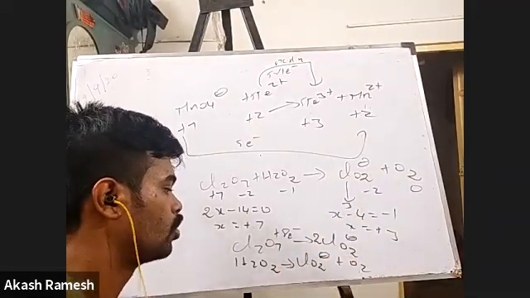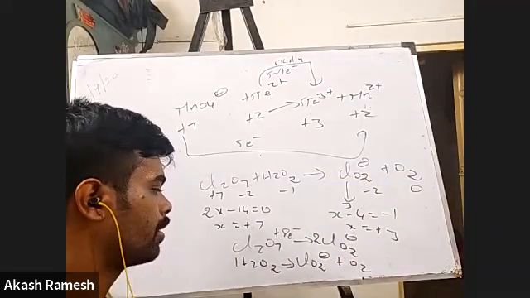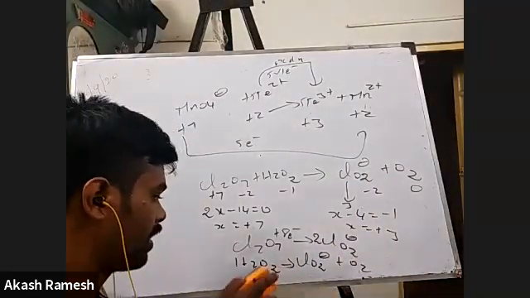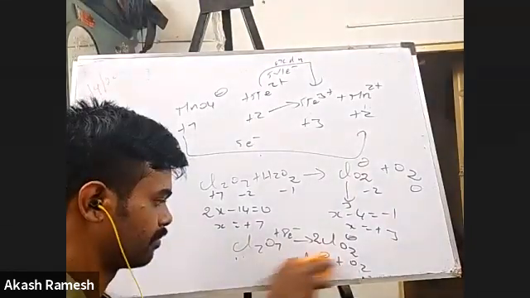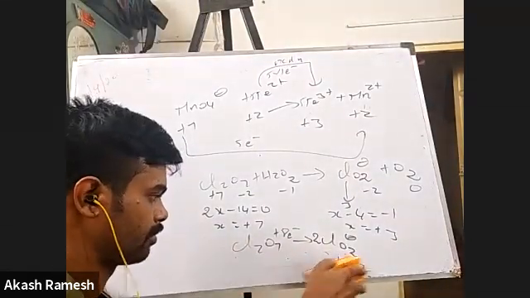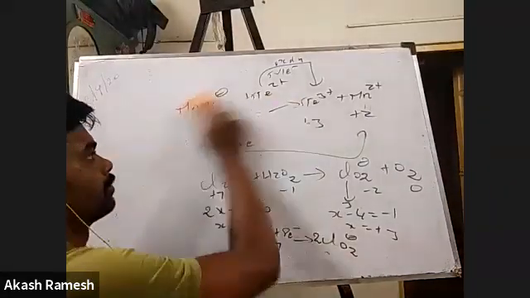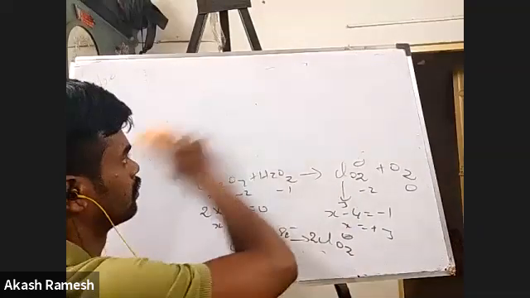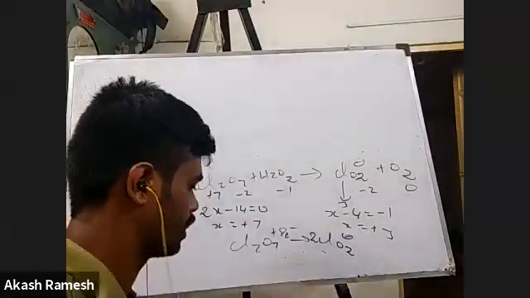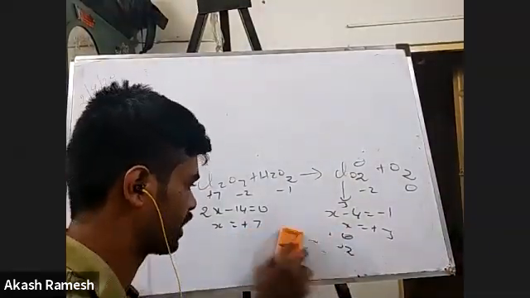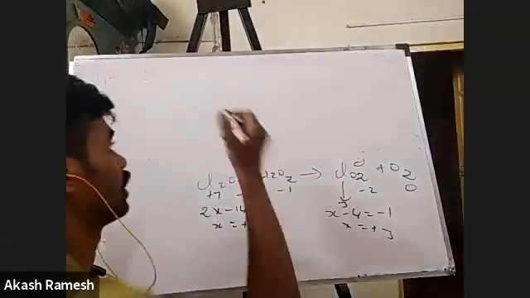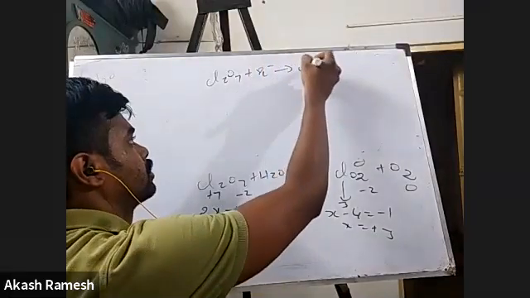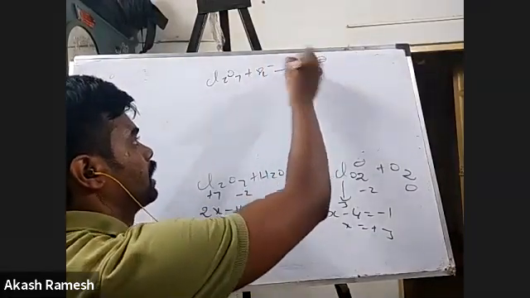ClO2 minus plus O2. Here it is minus 1. But again, I have to write this, right? This has 2 separate reactions. Okay, let me write it again. So I have Cl2O7 plus 8 electrons gives ClO2 minus, and I'll put a 2.